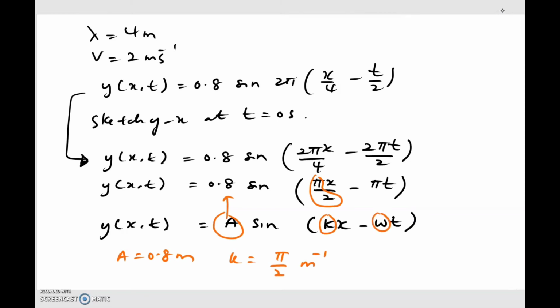And your omega is pi radian per second. So the wave propagates to the right because we have negative here.